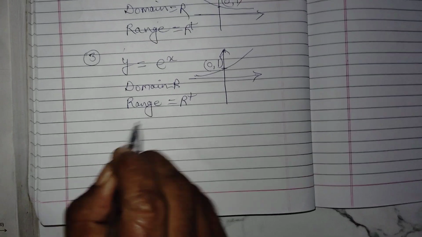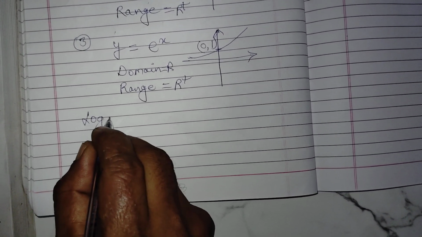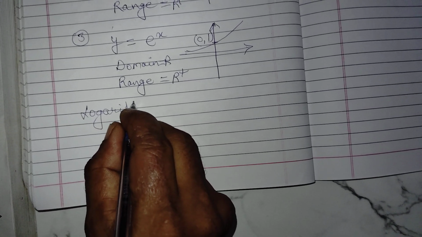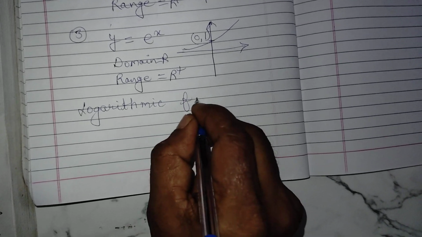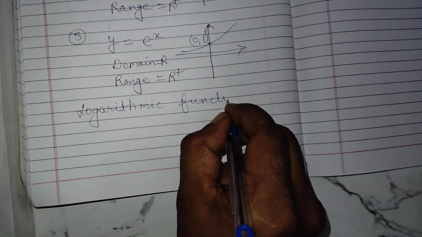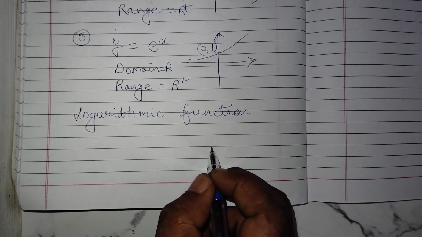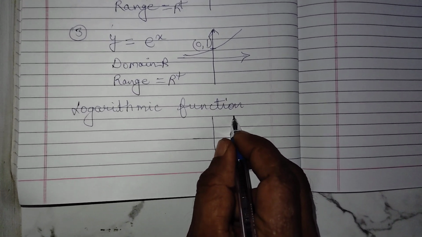Next, our function is the logarithmic function, log function. Short name is log. Exponential and logarithm are just inverse or opposite to each other. Logarithm function and exponential function are inverses of each other.